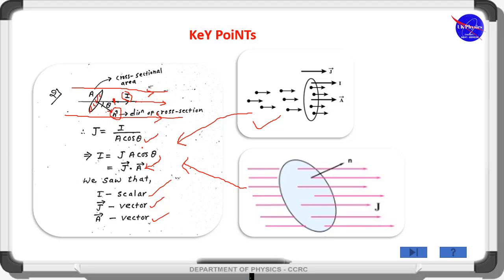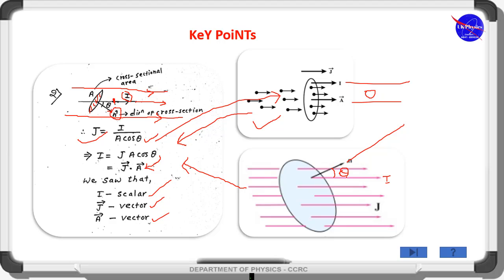If theta is 0, then we simply have the expression for current density as I by A. This is related to this figure because here is I, here is A, and the angle between them is 0. But in this case, I is here and the area of cross section is here, so there is some angle theta.